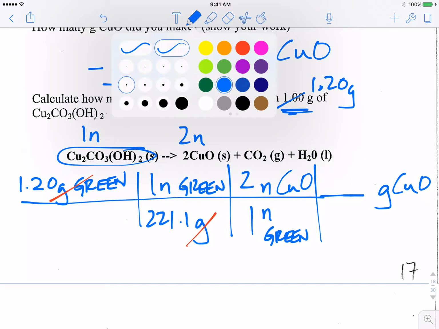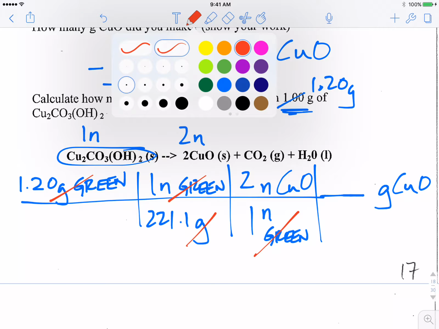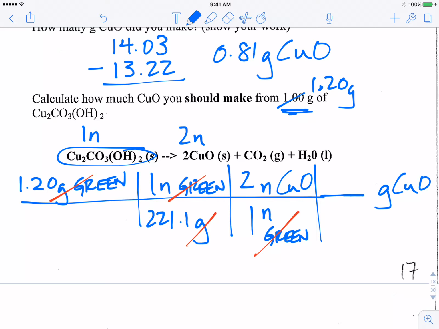My units of moles of my green cancel out, and now I'm left with moles of copper oxide, and so now I need to do one more conversion. So to cancel out moles of copper oxide, I put that on the bottom. And my molar mass of copper oxide, for every 1 mole, it'll weigh 79.5 grams.